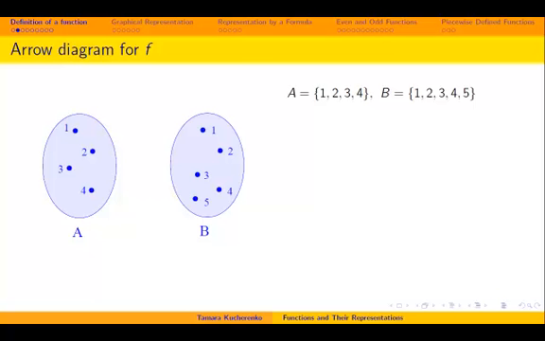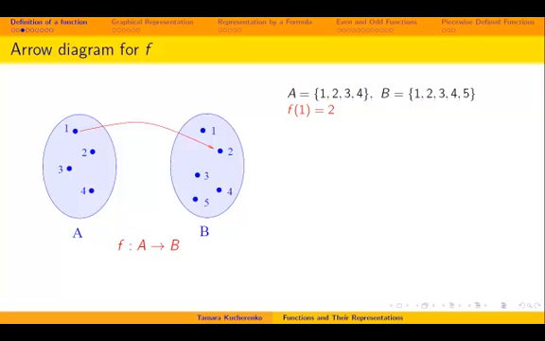We have two sets. The set A consists of 4 elements, 1, 2, 3, and 4. The set B consists of 5 elements, 1, 2, 3, 4, 5. We indicate by an arrow that an element in the set A is mapped to the element in the set B.